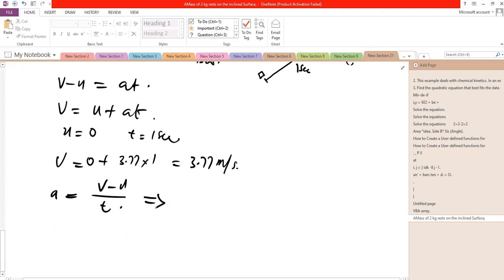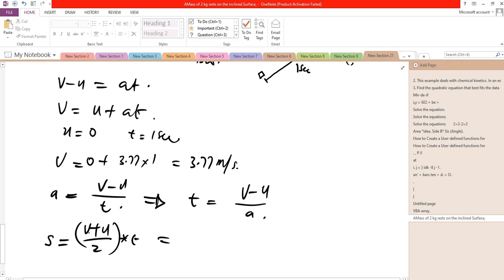It now implies that t is v minus u all over a. We also know that the distance, which is what we're looking for, is the average speed times the time.